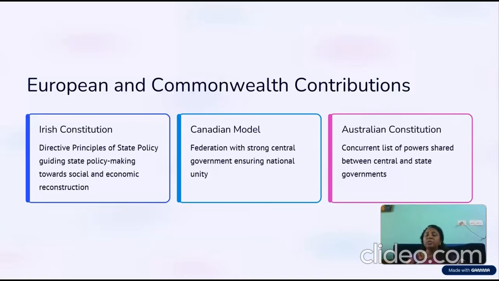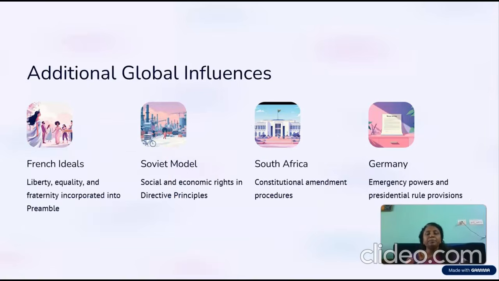Then federation with a strong central government is from the Canadian model and the Australian constitution. There are three lists that we all know: the union list, the state list and the concurrent list. The concurrent list, where powers are shared between the center and the state, was taken from the Australian constitution.